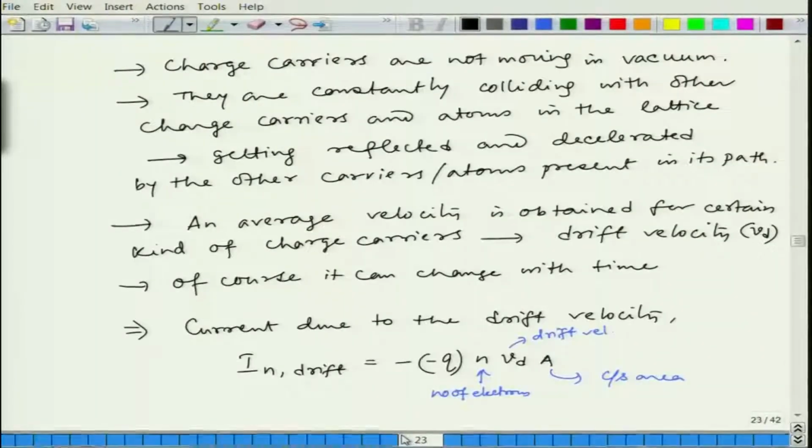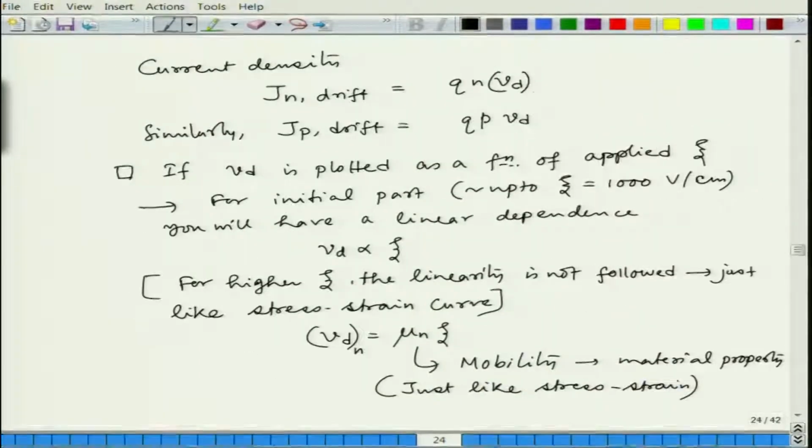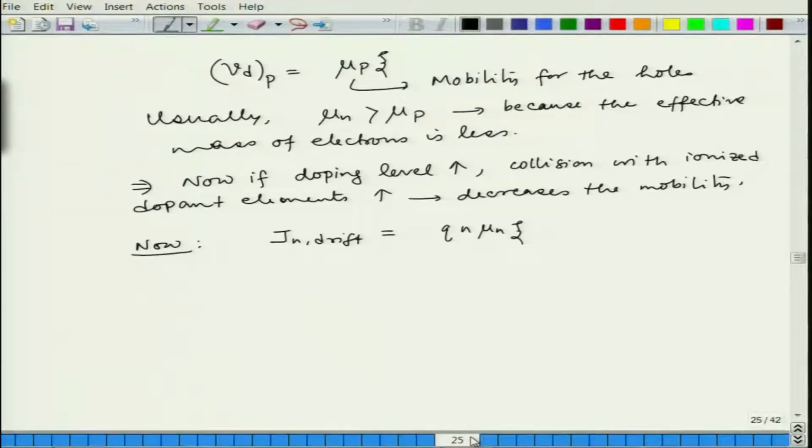Whenever we are using V d, we should specify whether it is for electron or hole, so that this mobility dependence is ensured. So J n drift will be like this, and similarly J p drift will be q p mu p xi.